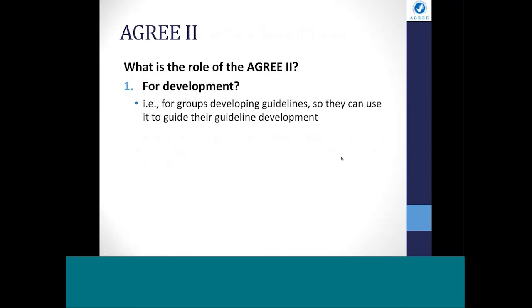What is the role of AGREE 2? We can use AGREE not only as a tool for assessing guidelines, for appraising their quality, but the first use that we see people making of it is for development.